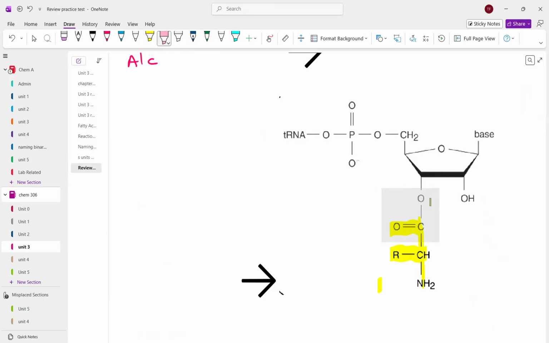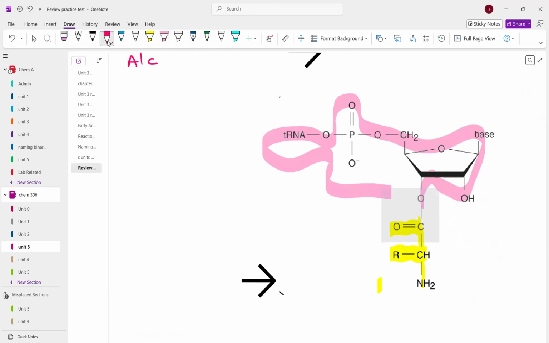And this is going to be the alcohol part. Okay, so let's take the alcohol part first.